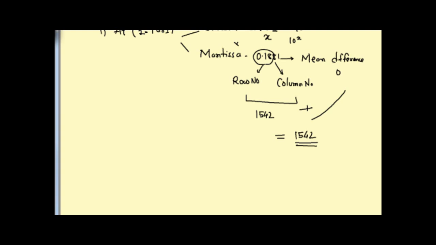Now this is not the actual mantissa part. The mantissa will be 1.542. You have to place a decimal point after the first digit from the left. So 1.542.